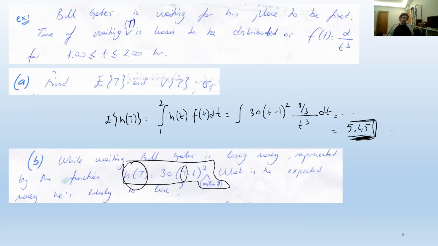Now, some of you in previous midterm exams and final exams, I remember things like that. Wouldn't this be equal to, for instance, h of the expected value of t? All right, let me write that way.